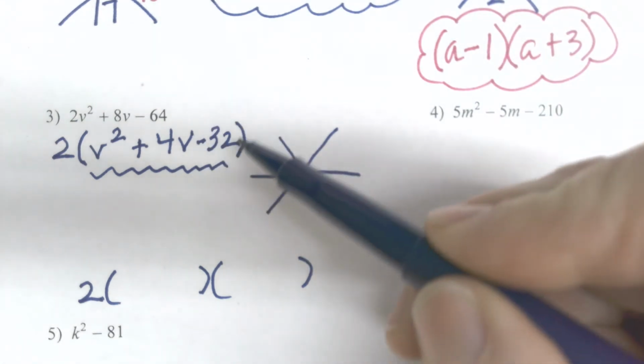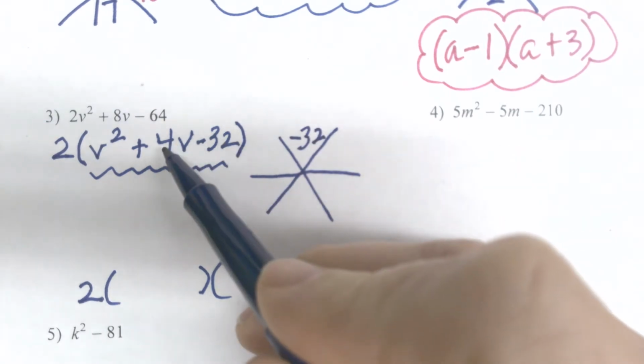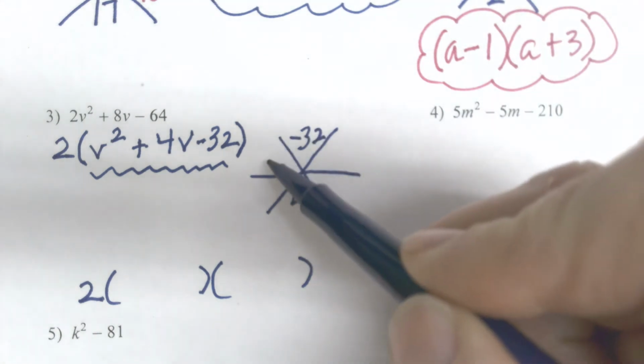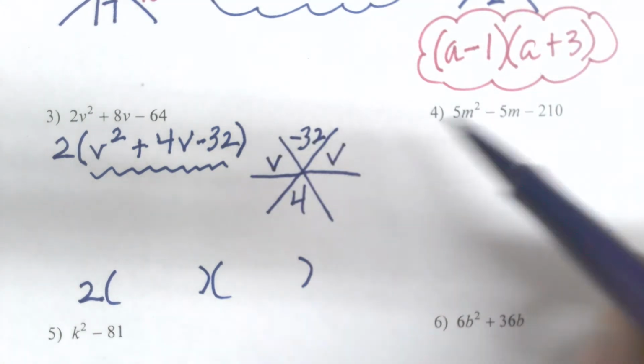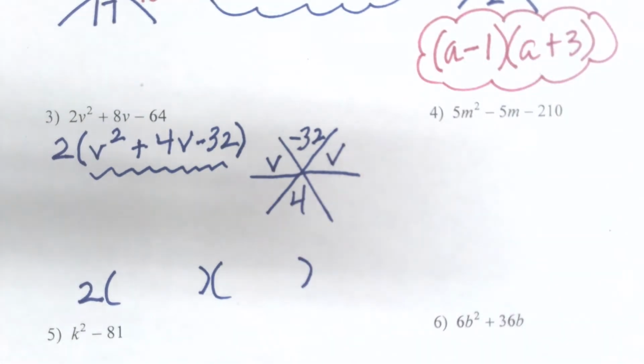So again, the end number goes on the top. The middle number goes on the bottom without the letter. The letter goes above that extra line. And then I have to figure out what two numbers multiply to be -32 and add to be +4.